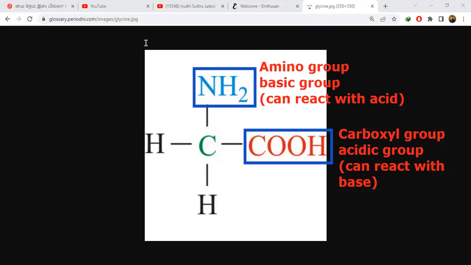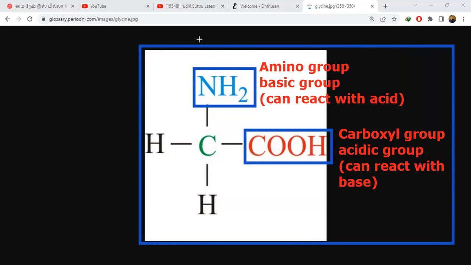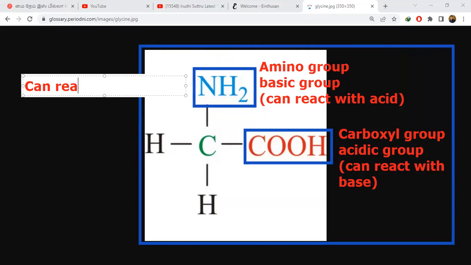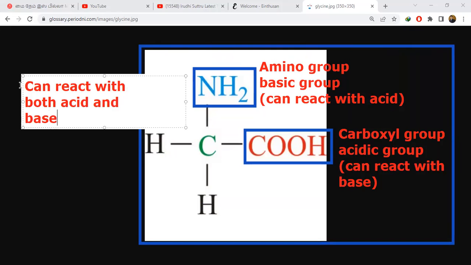Yes, sir. Right. So, if you consider overall, an amino acid can react with both acid and base. Agree?